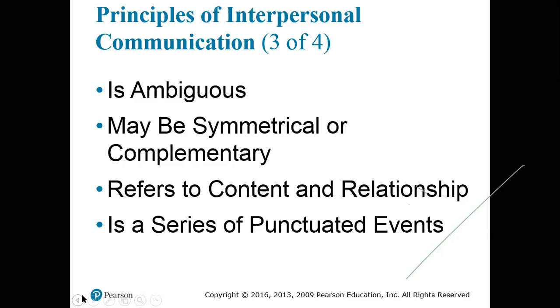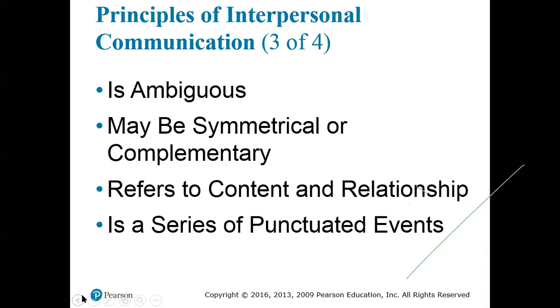Interpersonal communication refers to content and relationship. We've talked about that. And it's a series of punctuated events, which is a sequence of stimuli and response. The example in the book is a wife and a husband out to dinner. She's texting her sister, and he starts flirting with the waitress.